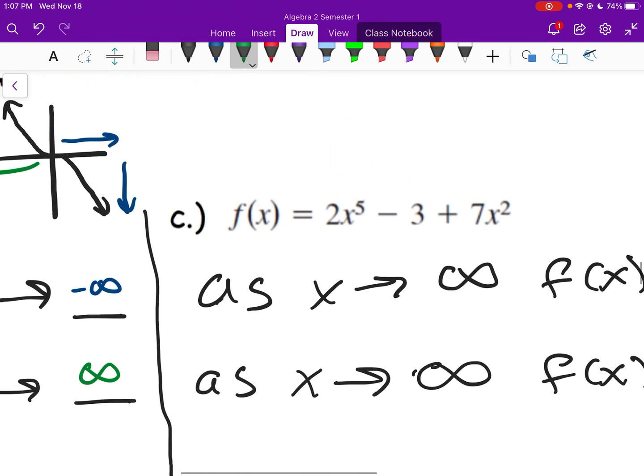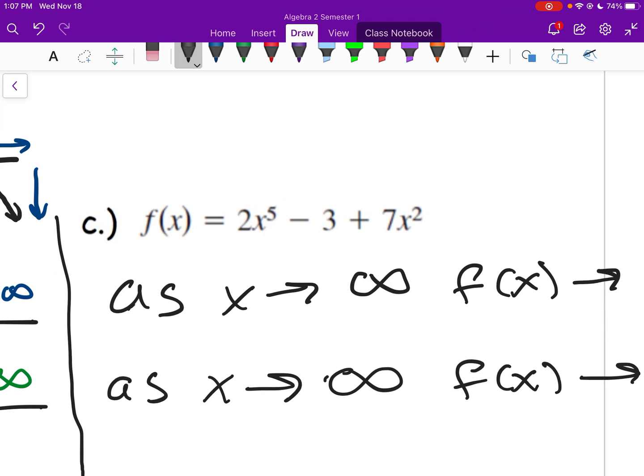when it's in standard form. All right, so for this one, not in standard form, so let's write it in standard form. Plus 7x squared minus 3. And again, we only need to concentrate on the leading term. It's an odd degree, meaning the end behavior will go in opposite directions, with a positive slope.